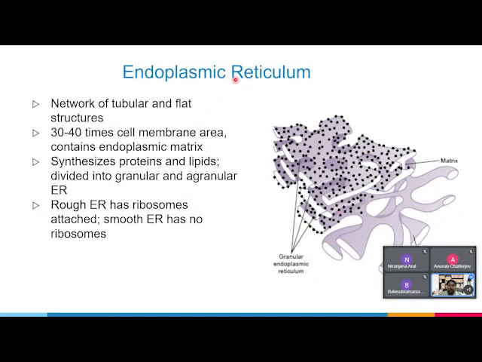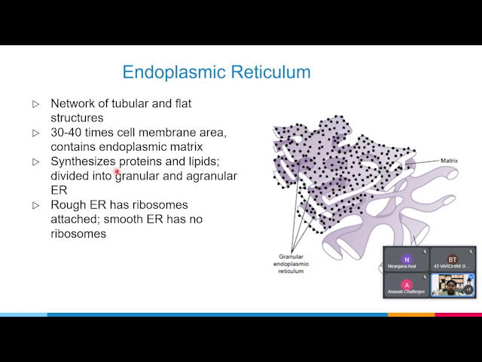Let us move forward to the endoplasmic reticulum. The endoplasmic reticulum is another big cell organelle, and it is a network of tubular and flat structures, as we can see right here. It has a huge surface area, which is 30 to 40 times the area of the cell membrane itself, because of the folds.